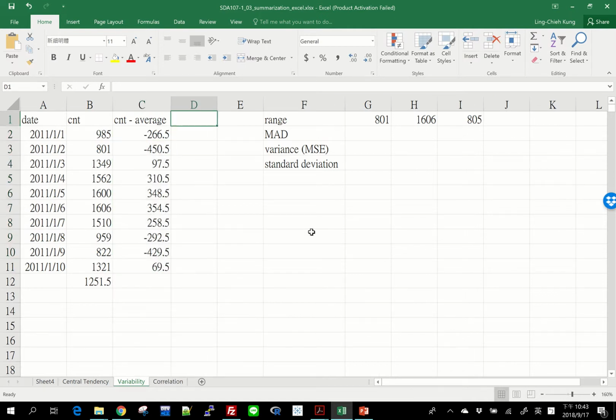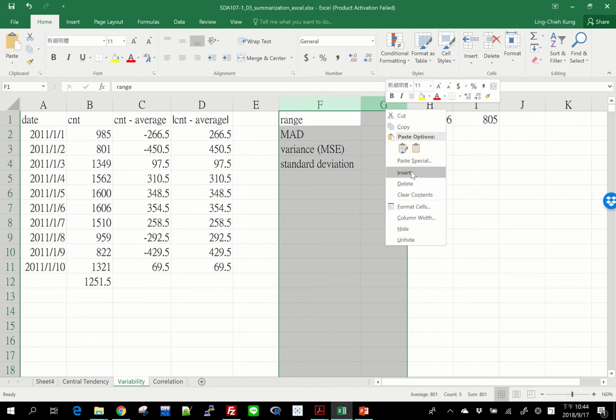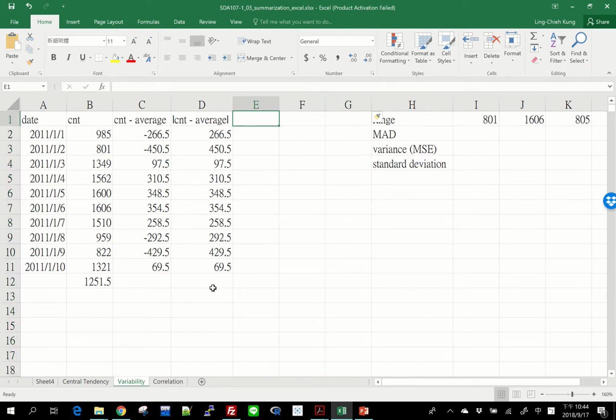Okay, so I get all these values as the deviation. And then what I should do is get their absolute values, okay? I should take the absolute value for all these deviations. So what I may do in Excel is use the function called ABS, absolute value. So I have absolute value for each one of them. Now they all become positive. Good. So now, as we know, the next thing is that I need to sum them up.